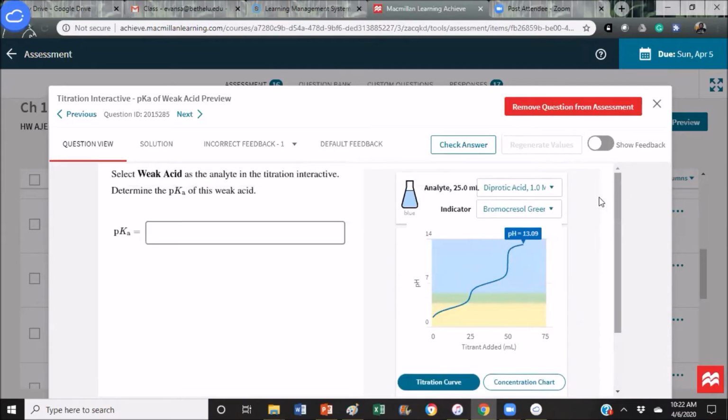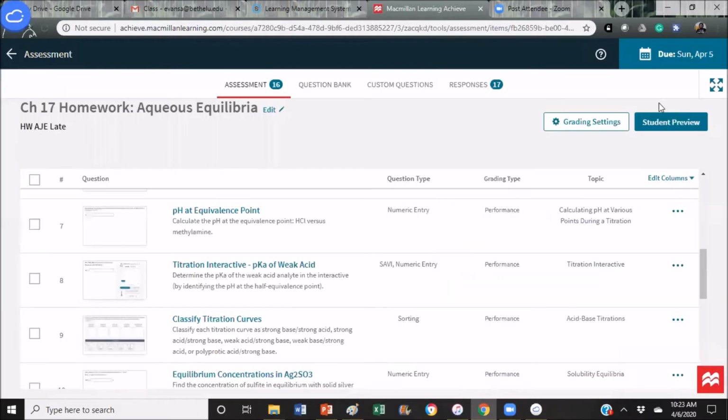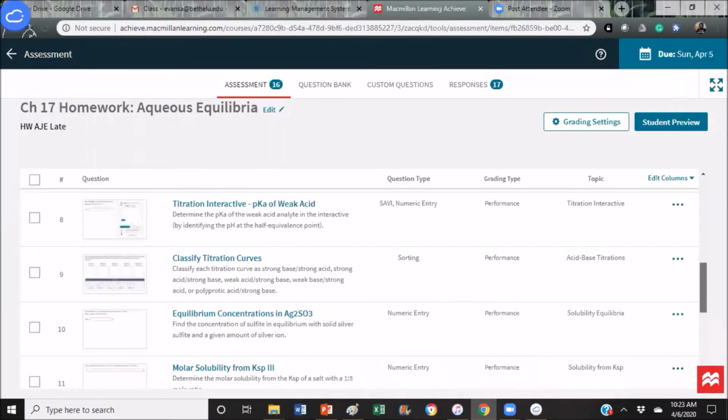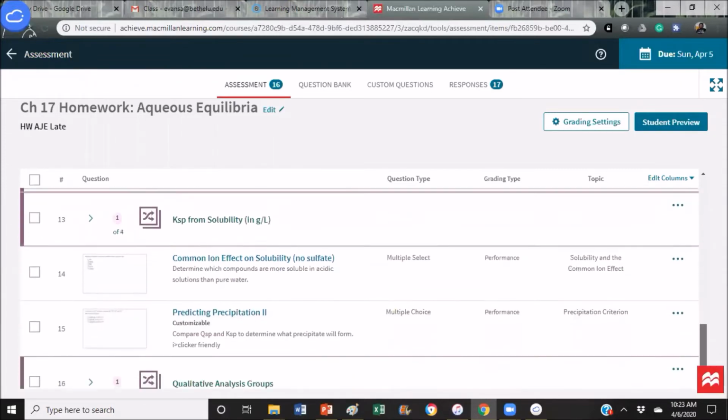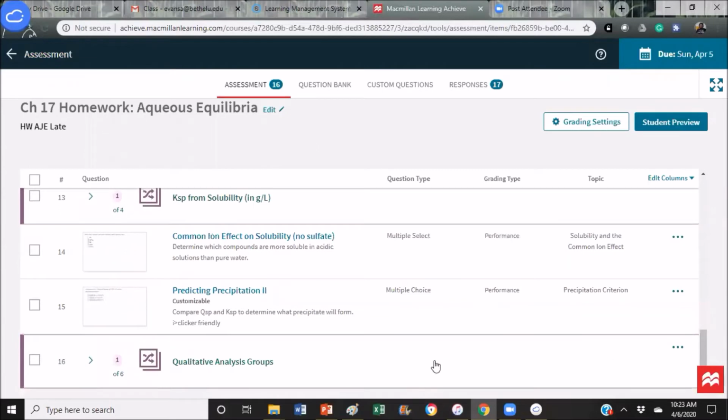So this is not really hard or interactive. It's just a neat one that shows what will be seen in lab for the Ka of a weak acid lab. The other one was like 16. Was it number 16? Yeah.